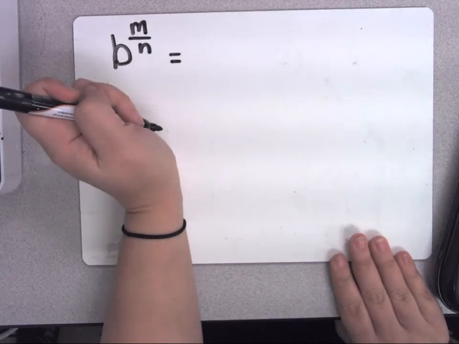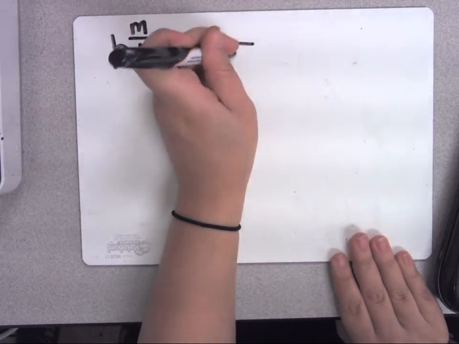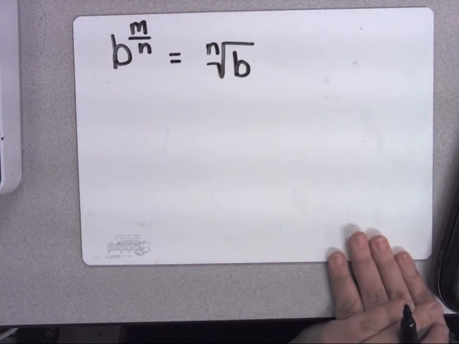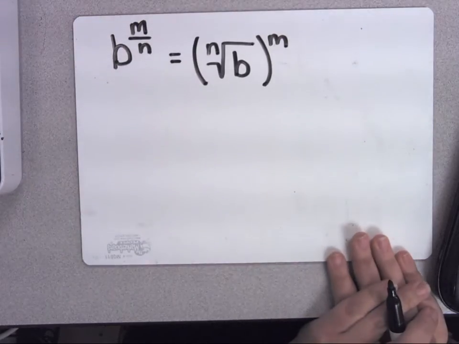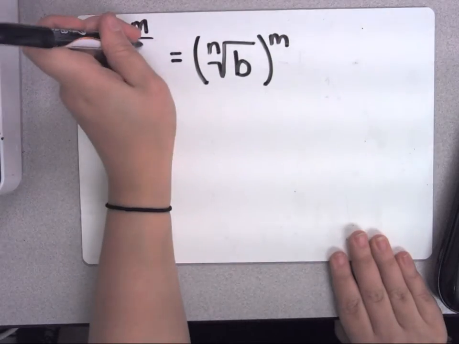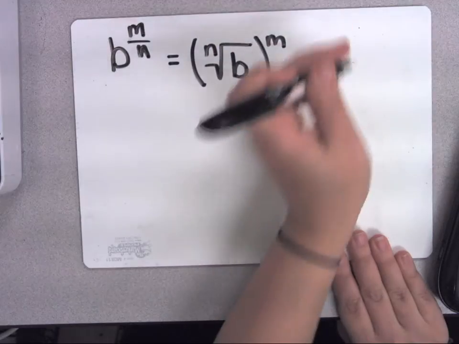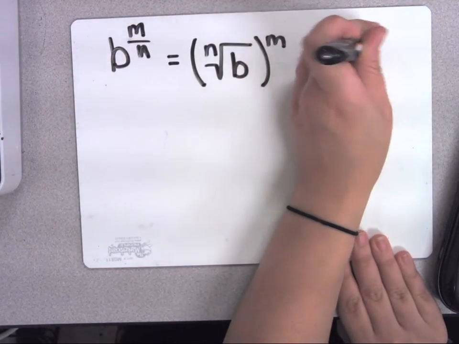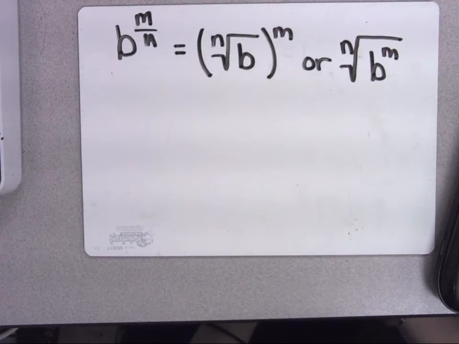The denominator still means a root, so it can equal the nth root of b, and then we put parentheses around the whole thing to the m power. Because once we take this away into a radical, it's just a power, right? So that's one way. Or it can be the nth root of b to the m power. So that m power can be outside or inside of the radical, just depending on what you want or need.